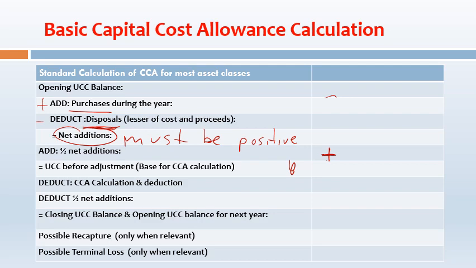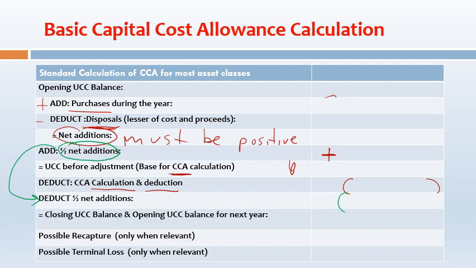Now, adding half of the net additions to your UCC will give you the UCC before you make any adjustments before CCA. You then go ahead and calculate and deduct CCA right now. You remove CCA from the pool. At this point, you're going to take those net additions that you calculated earlier, the 1/2 value that you added in earlier, and now you're going to be deducting 1/2 of those net additions.